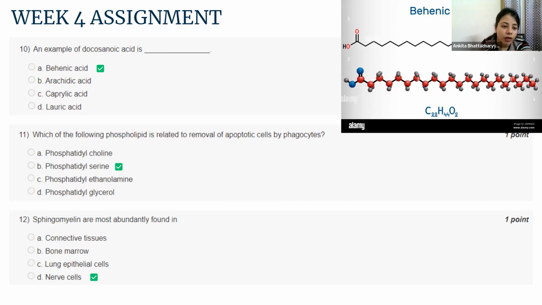Then, in question 11, this is a very interesting attribute: which of the following phospholipids is related to the removal of apoptotic cells by phagocytes? We had discussed a little bit about apoptosis, necrosis, and necroptosis, all of these processes, even about autophagy and how the lysosome is involved in it in our previous discussions.